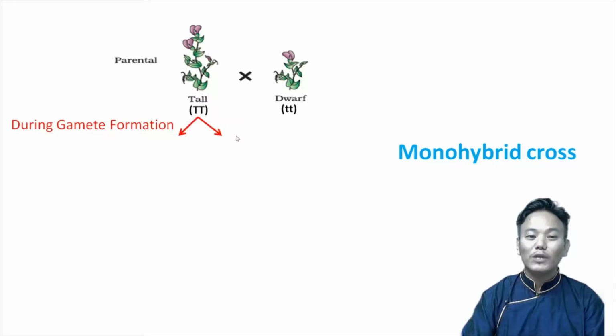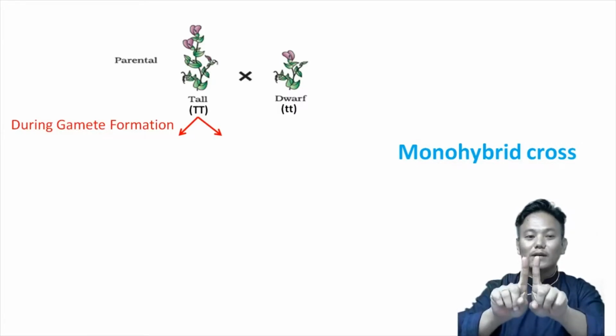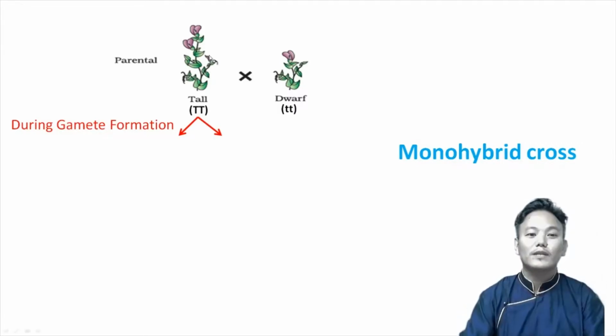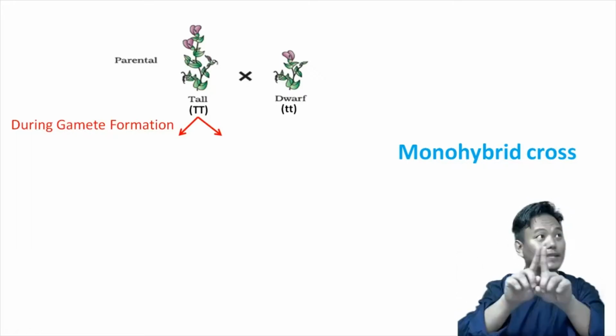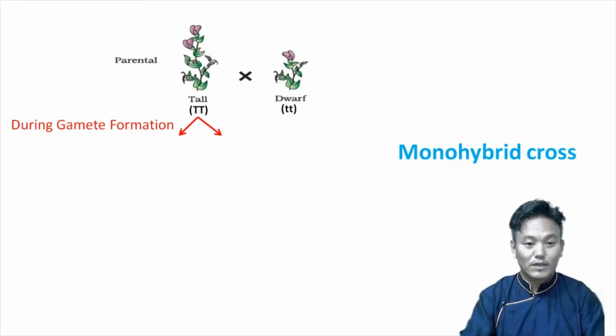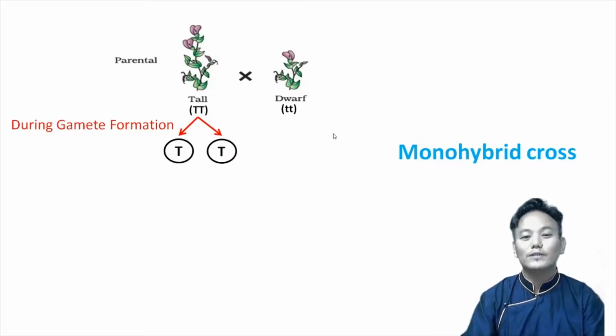During gamete formation, these allelic pairs, or pairs of factors, segregate. Segregate means they separate. The two capital T's are together in the tall individual, but during gamete formation these allelic pairs separate in such a way that each gamete gets one of each pair. The same thing goes for the dwarf plant.